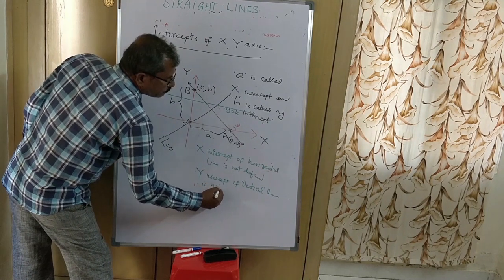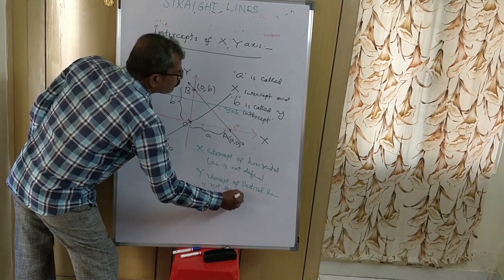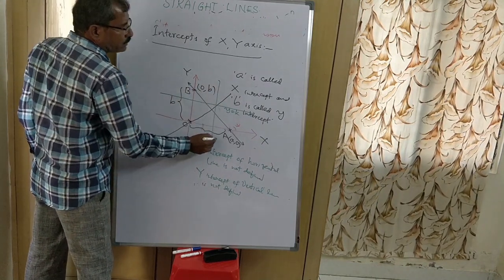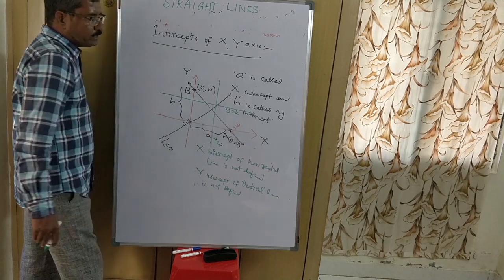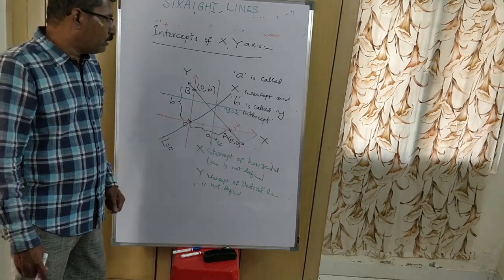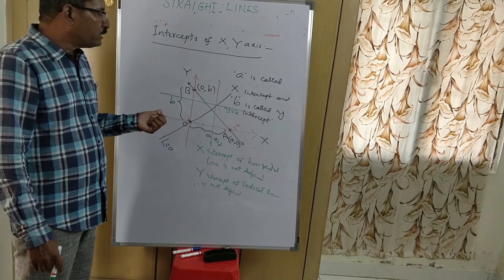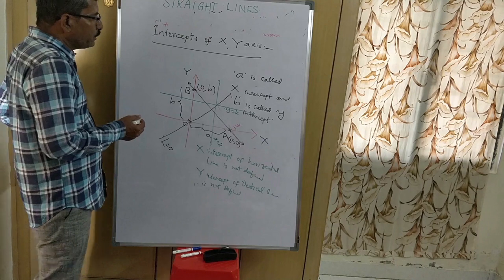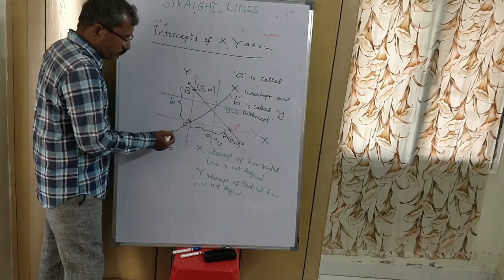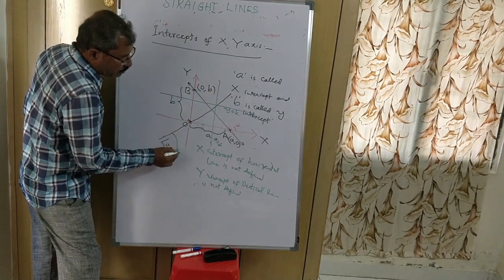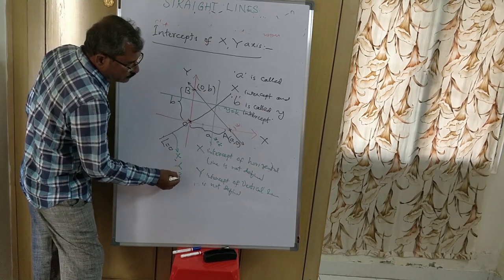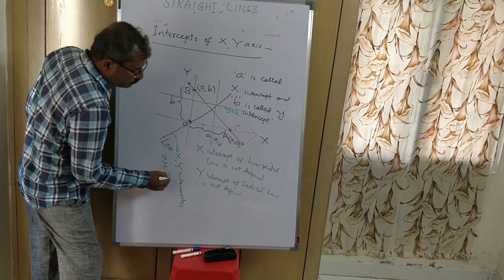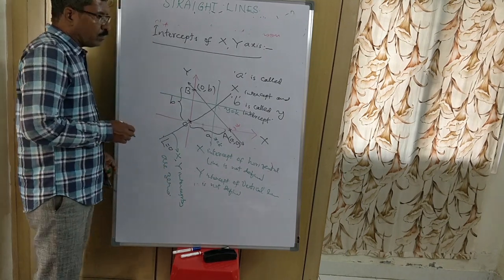Suppose my vertical line is like this, x is equal to k. For x is equal to k, the y-intercept is not defined. For y is equal to k, the x-intercept is not defined. And for a line passing through the origin, the x and y intercepts are 0. This is called the intercepts of the x and y axes.